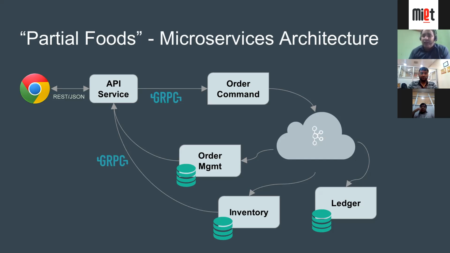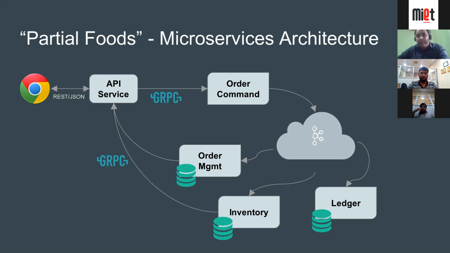Instead of designing a single service which takes the ledger entry, does the inventory, order management, and takes the order command, all these things, I segregated these into different services. Because if one service is down, my system is not down.